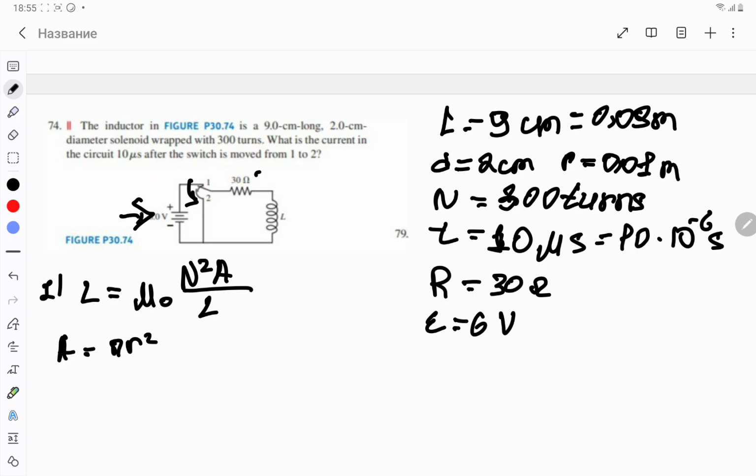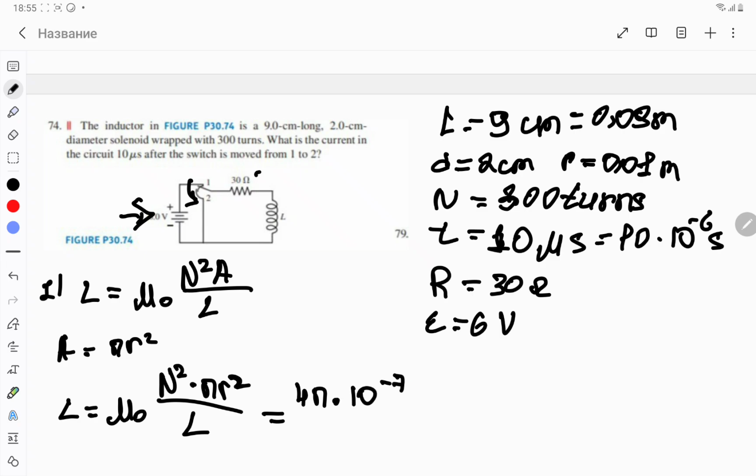So let's calculate with the area. L is equal to mu N squared times pi R squared over l. So let's write all of them. 4 pi times 10 to the minus 7, it's a constant value, then we know the number of turns squared times pi.